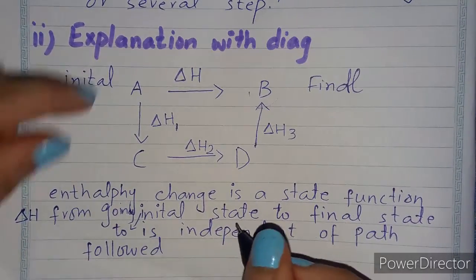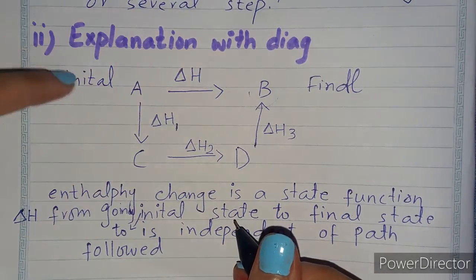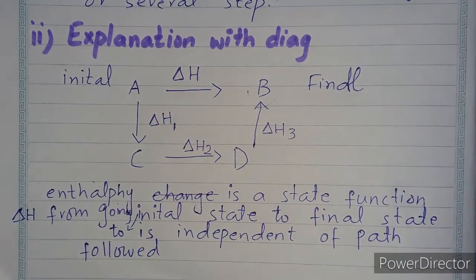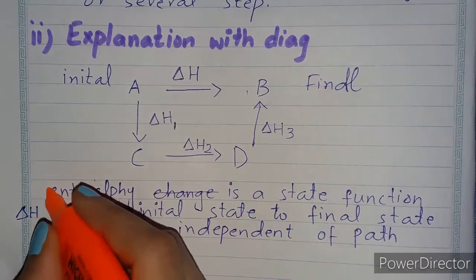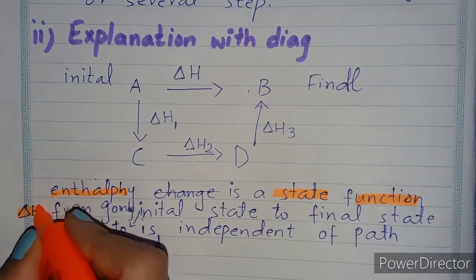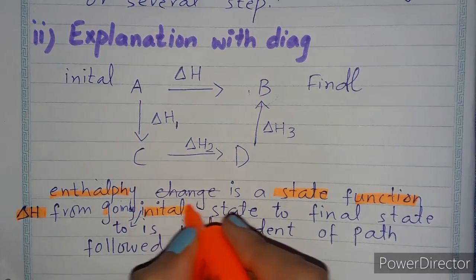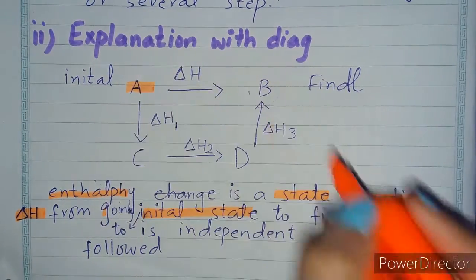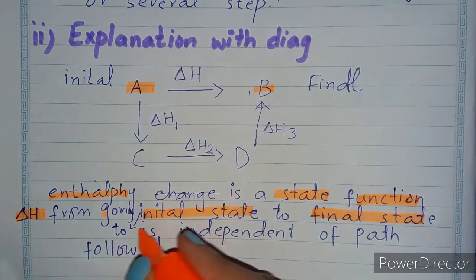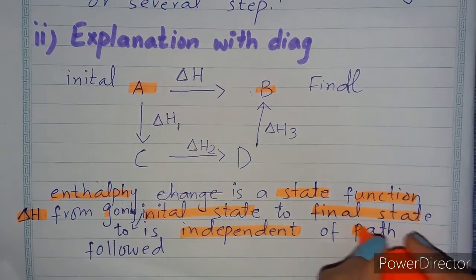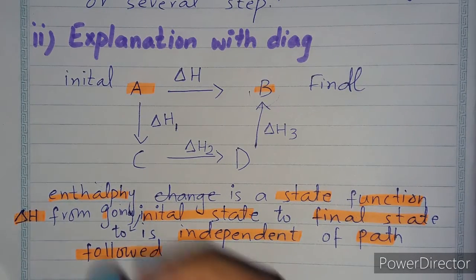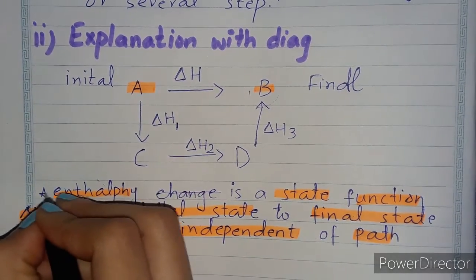So it does not depend on whether we take the single step or the multiple steps. We discussed that enthalpy is a state function, and the enthalpy change from initial stage A to final stage B is independent of the path followed. So firstly we discussed this point.